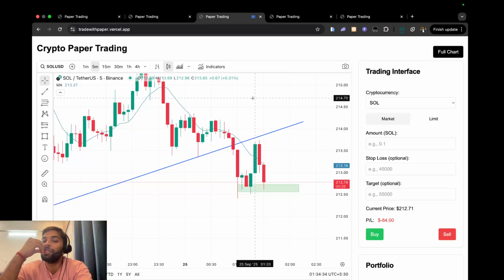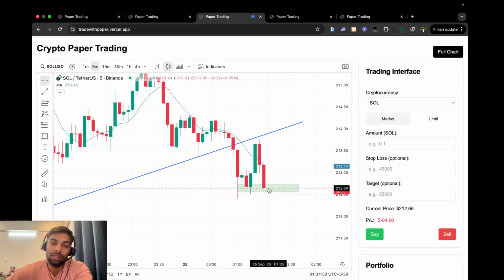28 seconds to close this candle, and I will wait for one more candle to close. I'm a bit uncertain that this is a real move, guys, because this can act as a support zone.